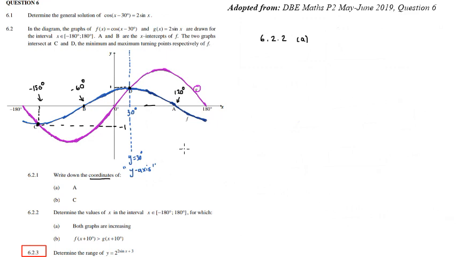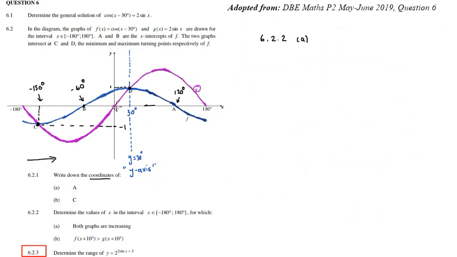As we're moving in this direction, we're looking for where both of the graphs are also increasing in y values. In order for us to answer this, let's add a little bit more information to our graph, specifically to the sine function, this function in purple.